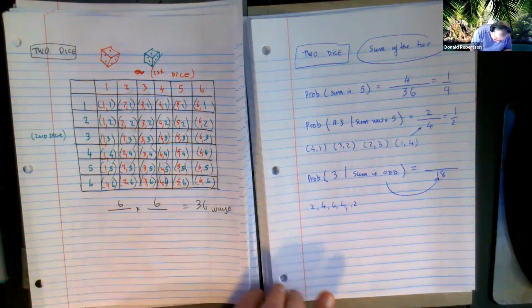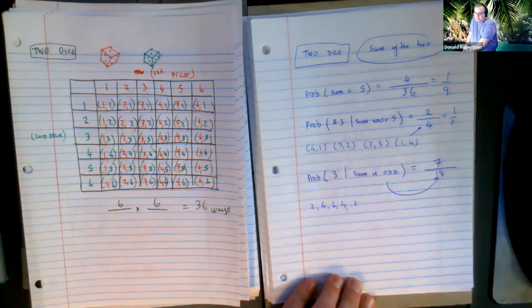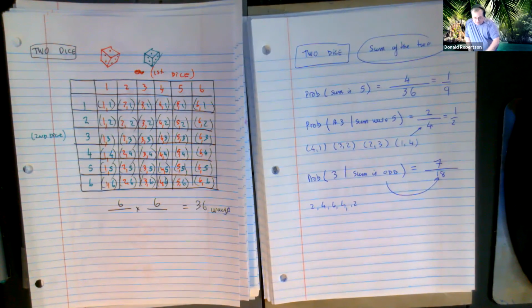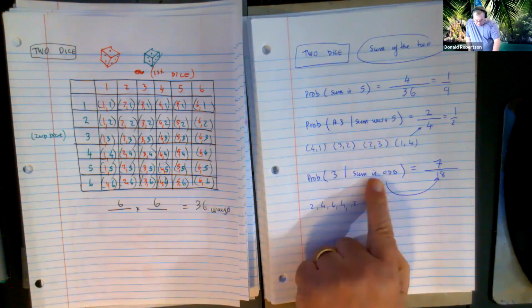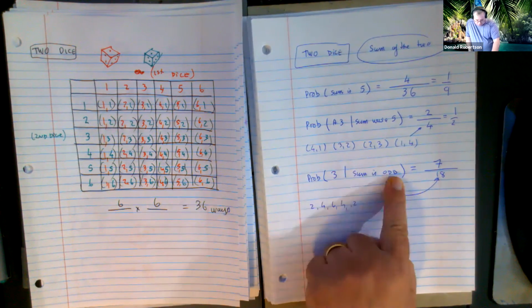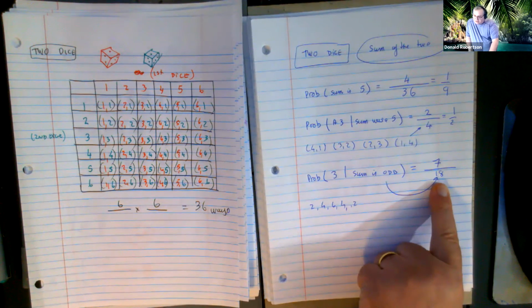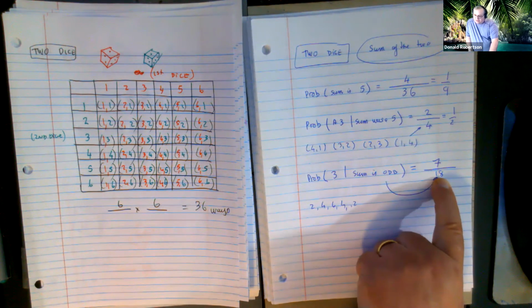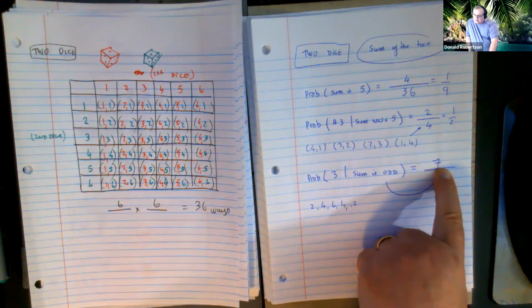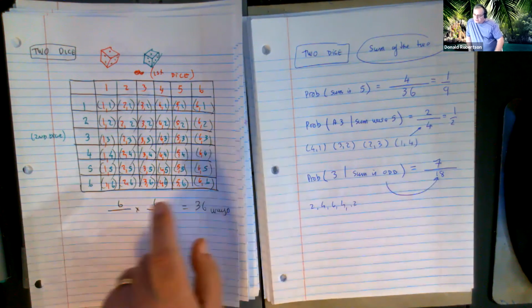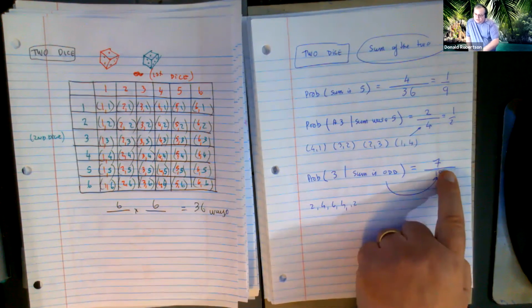That was it. I only counted 7. Hopefully I didn't miss any. So whatever goes here is your new world. In this case, it's only guys from that table that add up to an odd amount. There's 18. And only look at those 18 to see how many of them had a 3 in them. And 7 out of those 18 pairs had a 3 in them. And that's the answer.